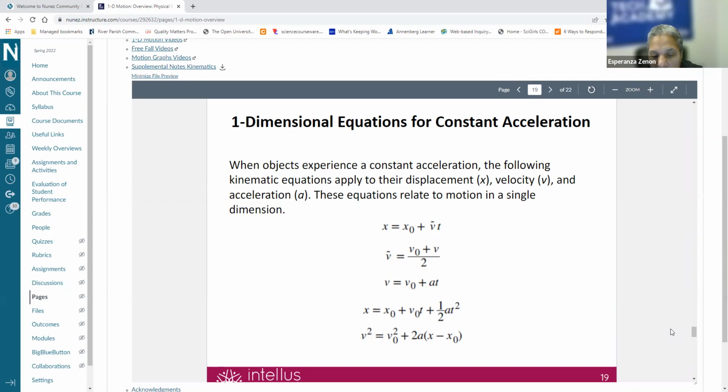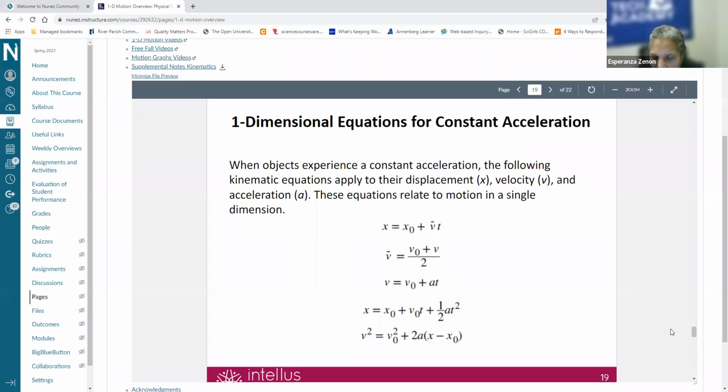We don't care. In that last equation, we don't need to know how much time it took. We just need to know those kinematic variables: velocity, acceleration, displacement. Okay. Now, you might be thinking at this point, wow, those equations look really complicated.